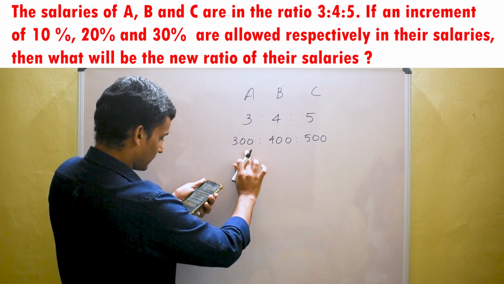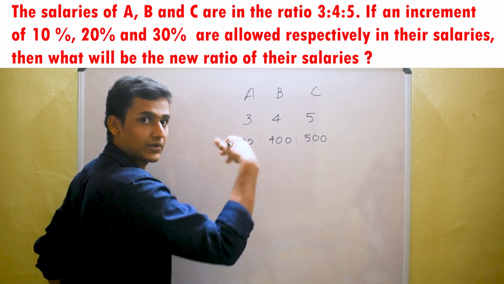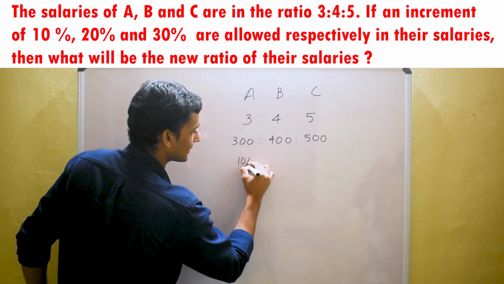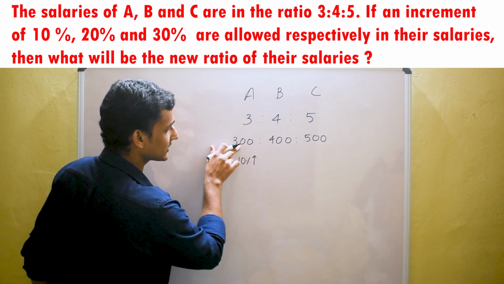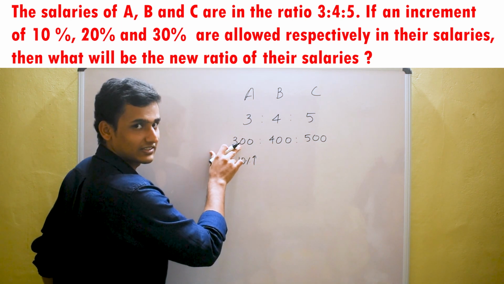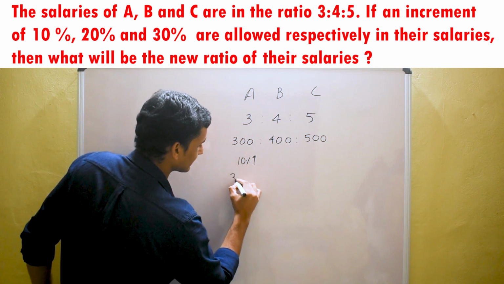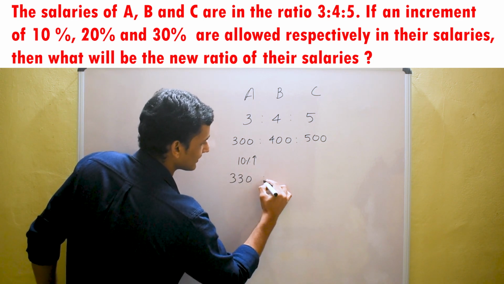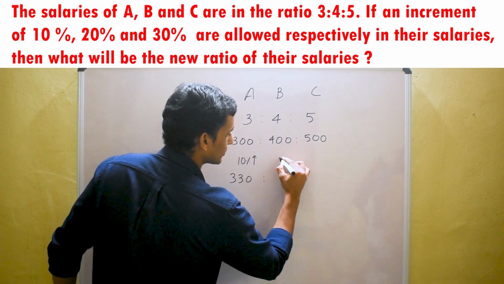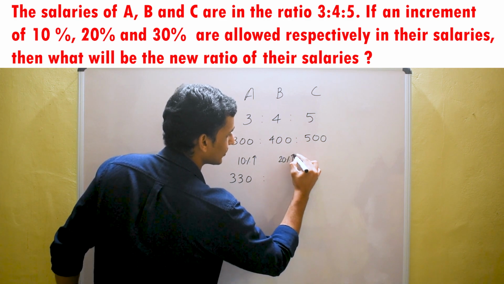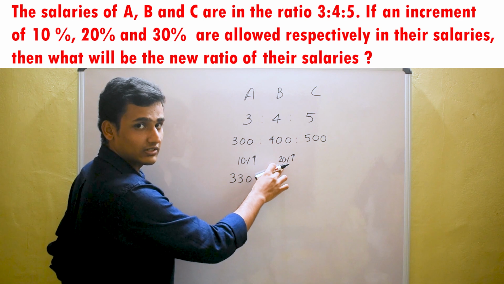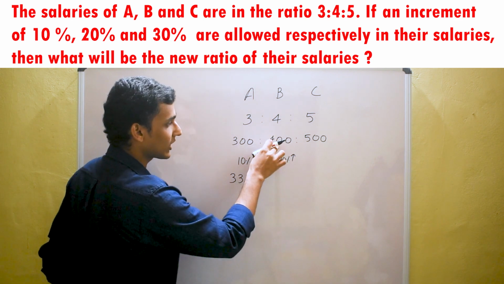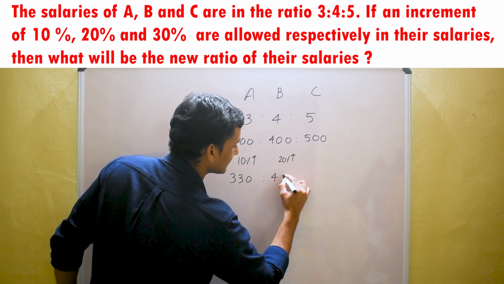Now for A, 10% increment, 10% increased. 10% of 300 is 30. 300 plus 30, 330. For the second one, 20% increment, 20% of 400, 80. 400 plus 80, 480.